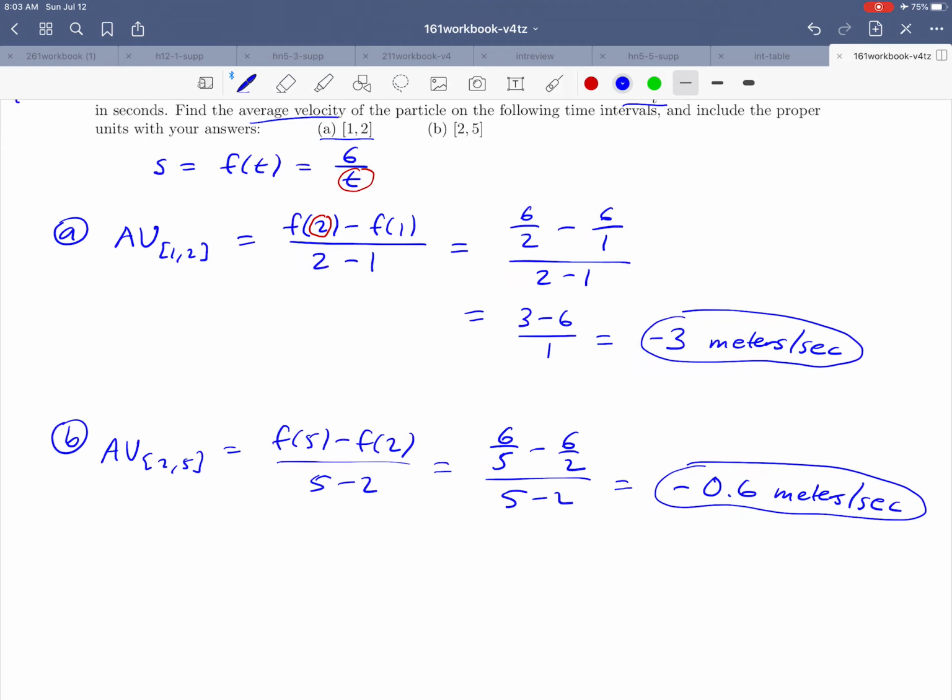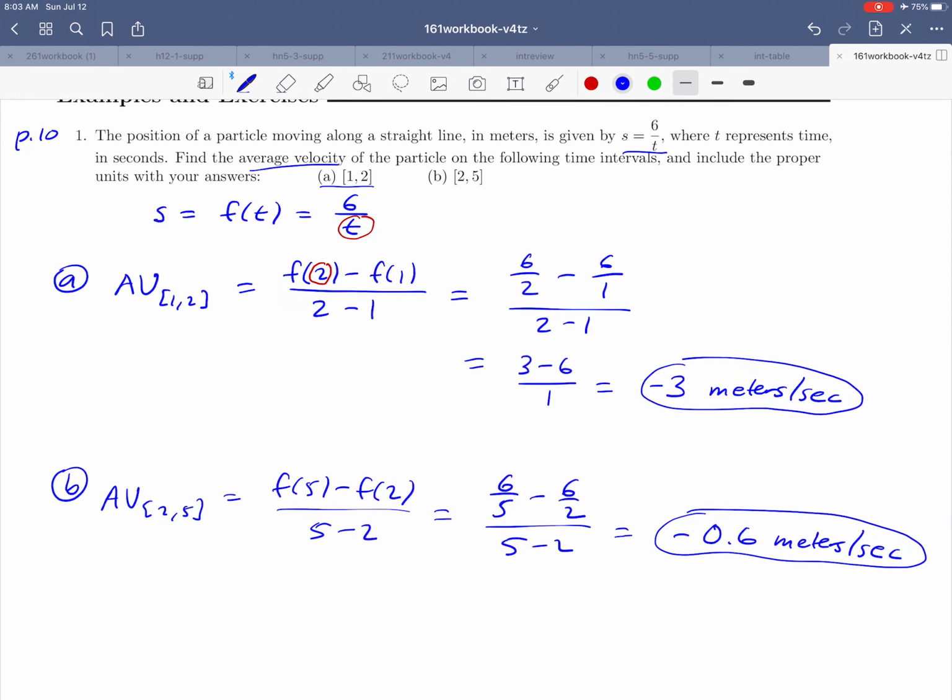Okay. Now, maybe one follow-up question that I could ask. So we got negative numbers for these velocities. Is it okay to get a negative velocity? Well, what does that mean when we get a negative velocity? If you think about it, that's just really an indication of direction.